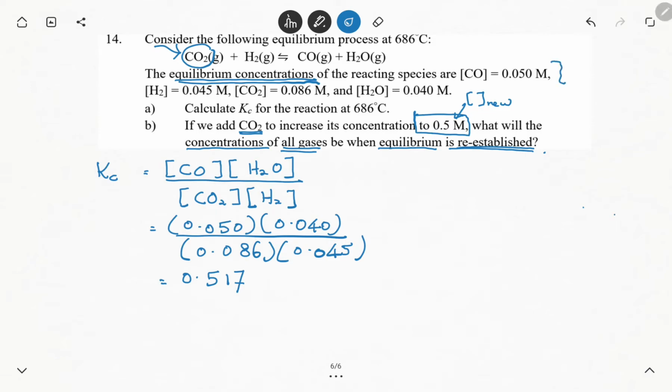Just now the concentration given is the equilibrium concentration, but when we add CO2 and its concentration is increased, the reaction is not in equilibrium. So we can use the new concentration of CO2 as the initial concentration. So we need to draw an ICE table.